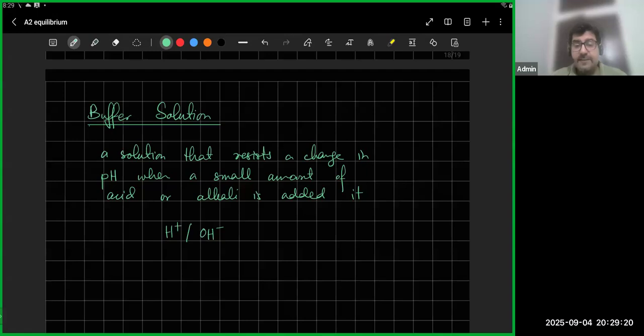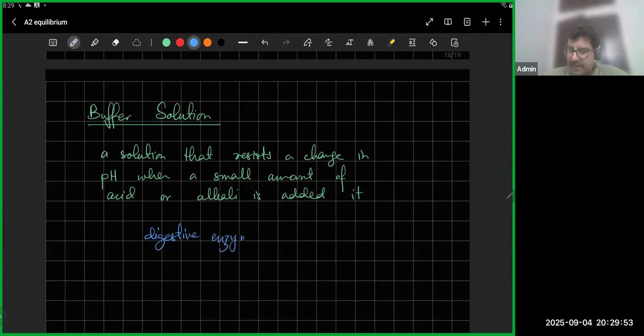And I told you that reactions are very sensitive to this. Some reactions happen more quickly if you have more H plus ions. Some happen more quickly or easily if you have more OH ions. So every reaction has its own preference. The trouble is that your pH, or this balance between the H plus and OH ions, should not change. For example, your digestive enzymes work best in highly acidic pH.